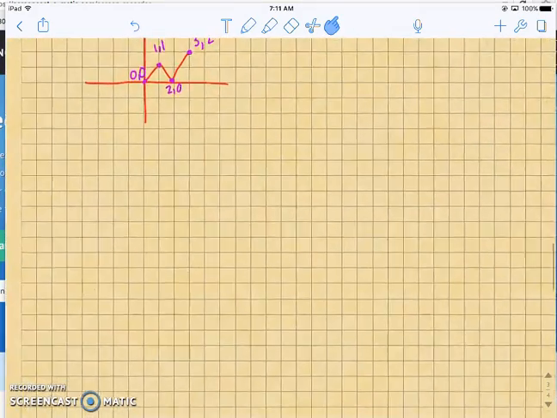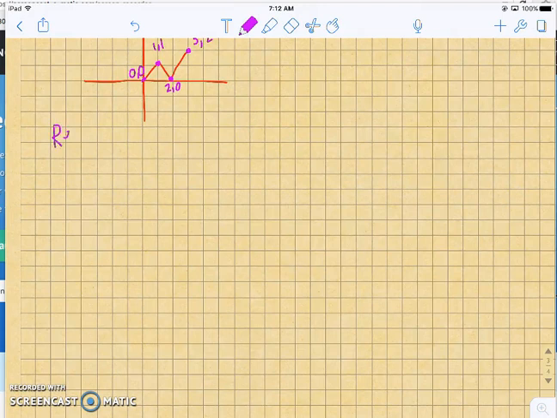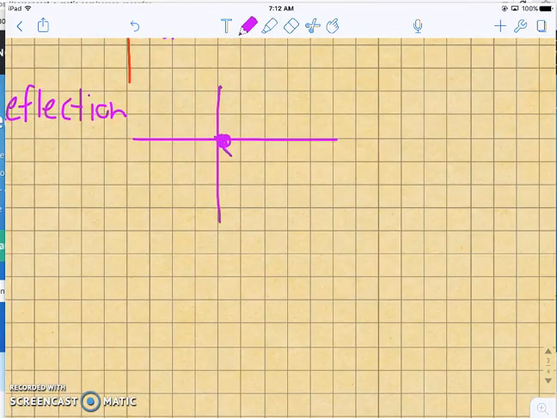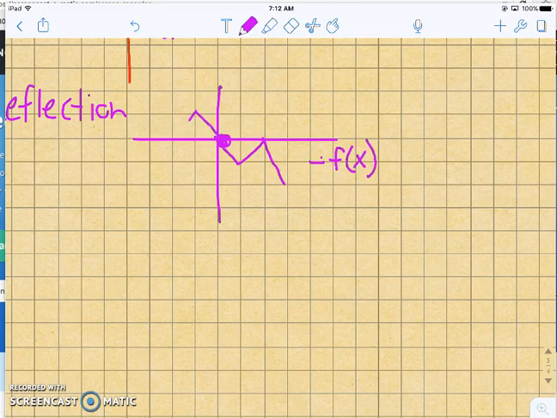And you can write those right on the flaps, and then underneath this, we're going to go back down here. So underneath your reflection, we're going to see what this looks like. So we'll draw another little grid. If we reflected f of x, it would go down like this. So this is opposite y, so this is negative f of x. And if we did the opposite x, it would go this way.